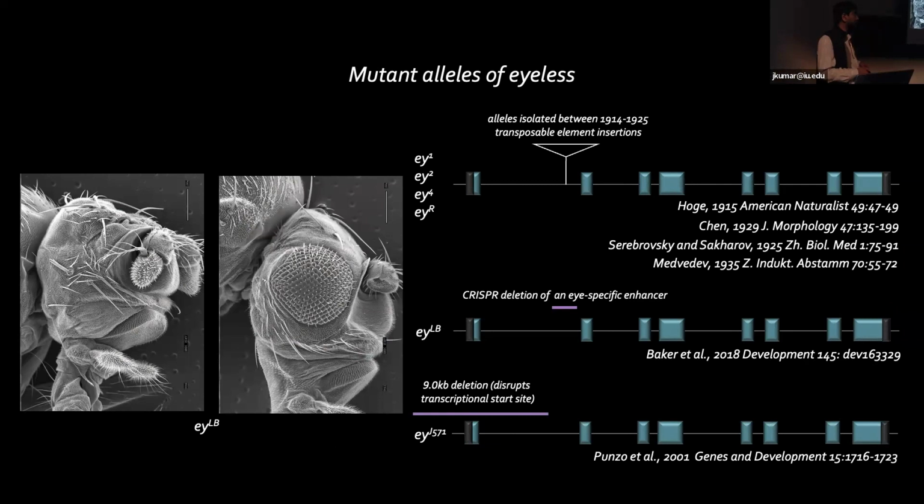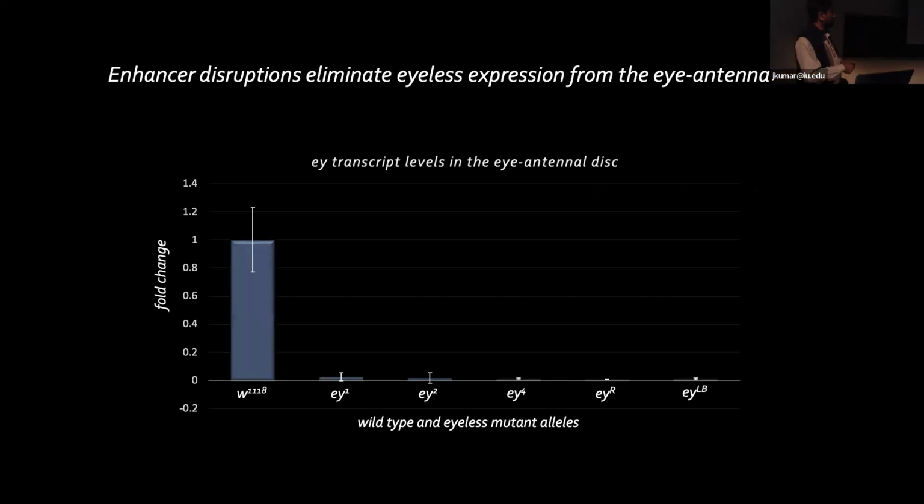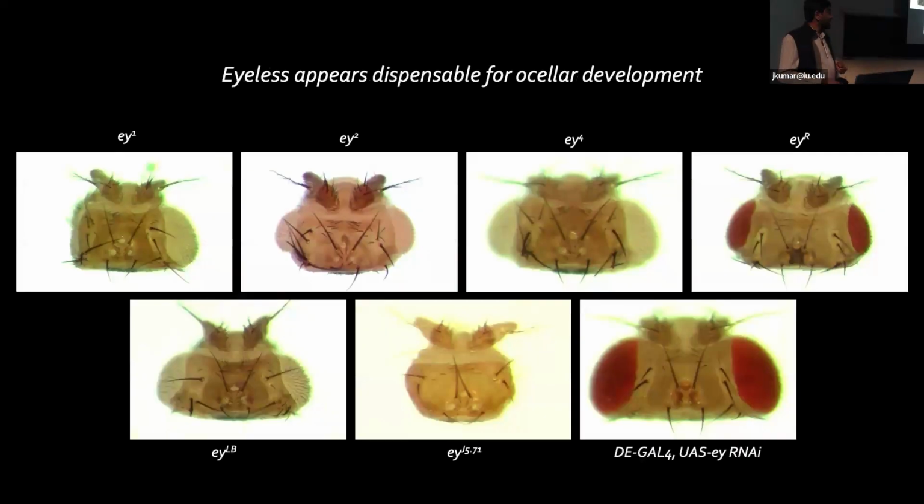In all cases, you have these compound eye defects, which you've seen before, where you have either a complete loss or a severe reduction. In all cases, these mutants drop Eyeless transcript levels, as shown by qPCR, to less than 2% of wild-type levels. So these are all strong alleles, but none of them seem to affect the ocelli.